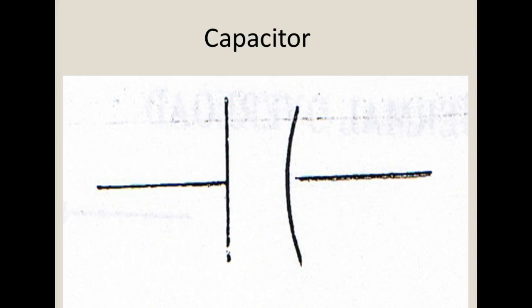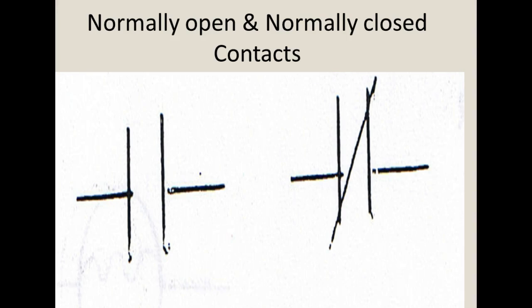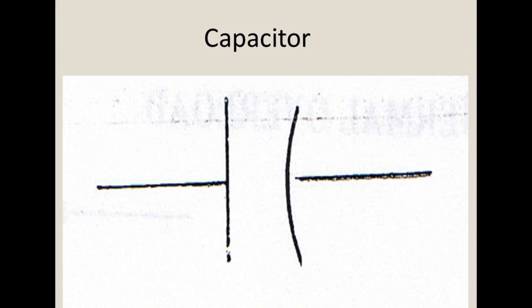Oh, I got capacitor. Is that on there? I think I skipped this one. Okay, we'll come back to it. What do y'all see on the 3-phase motor symbol that's different than the single phase? Yeah, because there's 3 coils. Y'all see that?